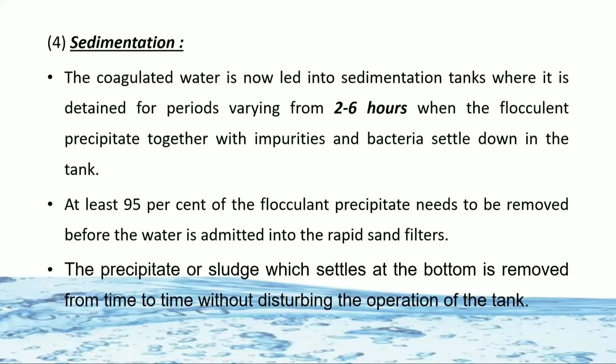At least 95% of the flocculent precipitate needs to be removed before the water is admitted into the rapid sand filter. The precipitate or sludge which settles at the bottom is removed from time to time without disturbing the operation of the tank.